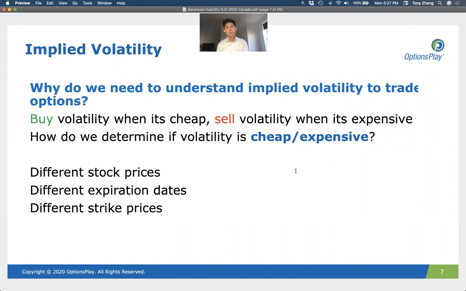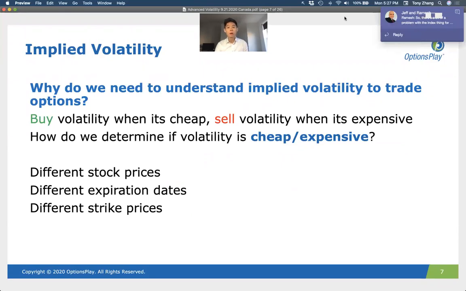Kunal is saying IV should be measured against its peers in the same index. Not necessarily, because you could have peers that trade at fairly different volatilities. For example, if you think about the mining sector or the energy sector, you obviously have some energy stocks that are far more volatile than others, even though they're in the same sector.